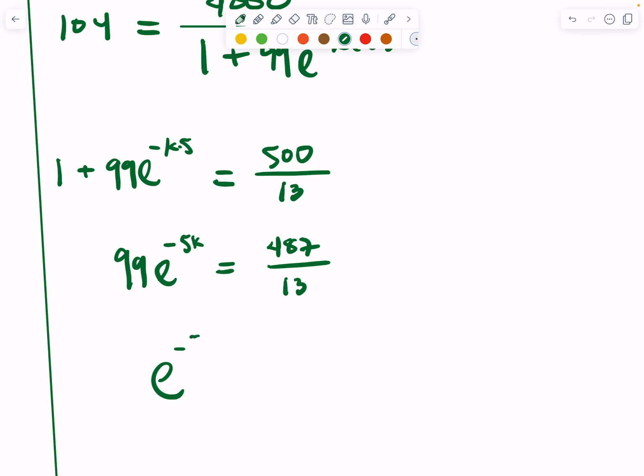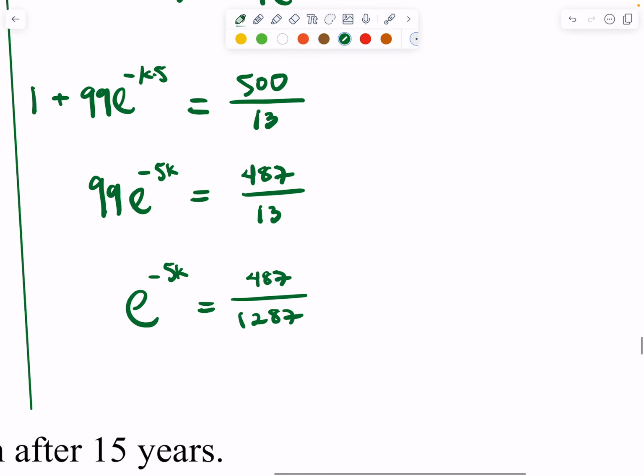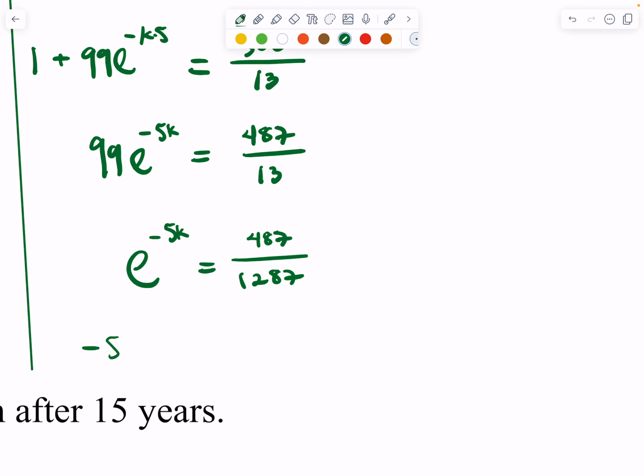Dividing by 99, we get 487 divided by 1,287. And then now we can rewrite this as negative 5k equals ln of that ratio.